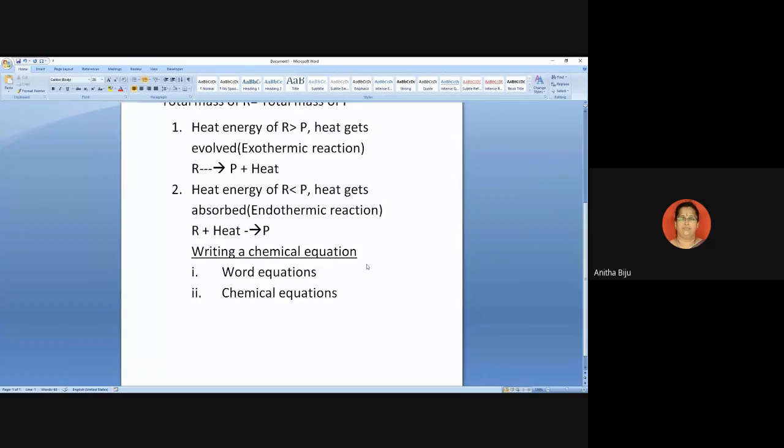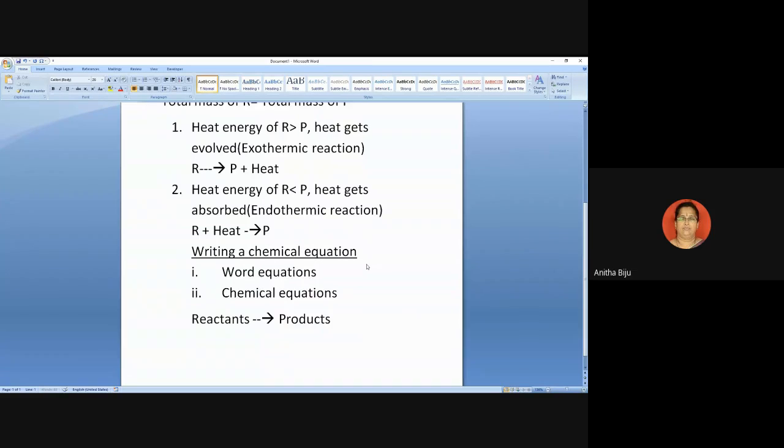Reactants go towards the left hand side and products towards the right hand side. So first we write reactants, then after that we write products. This is the simple way. First step, we can remember this: reactants and products.